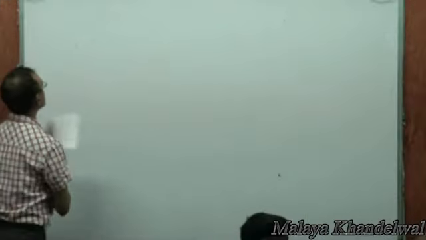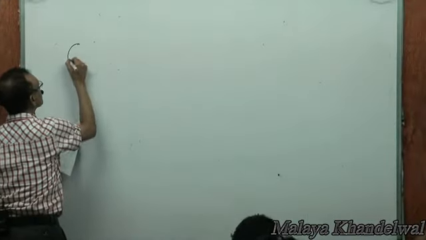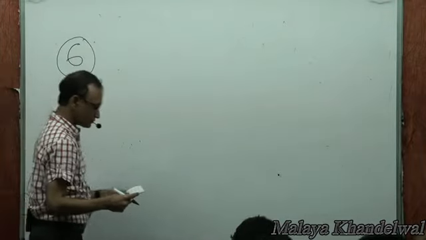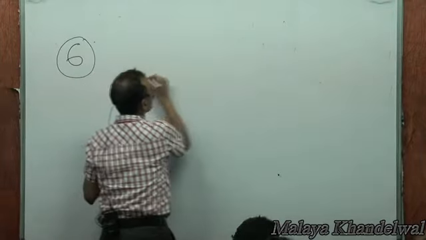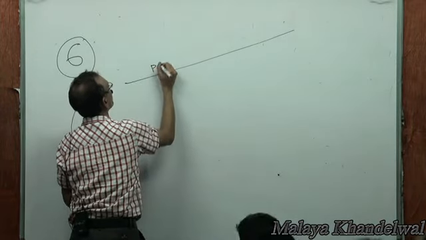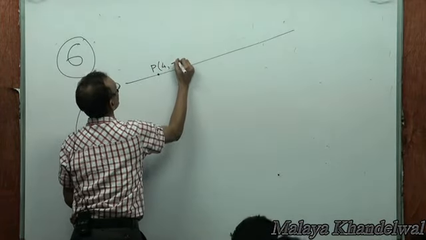Let's look at problem number 6. Now, there is a line drawn from P (4, -5).